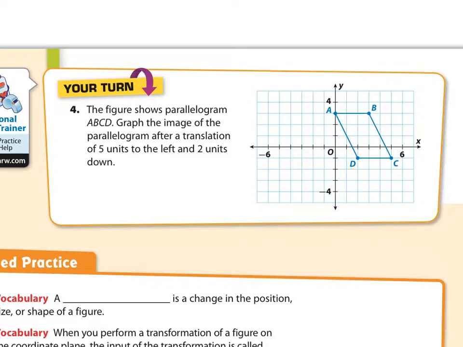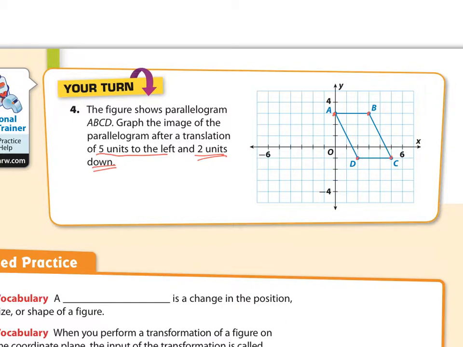The way we're going to do that is we're actually translating every single point that's in this parallelogram. It actually contains an infinite amount of points. But the easiest way to do this is just to take the vertices. That's A, B, C, and D. So those are these points. And we're going to count 5 units to the left and then 2 units down.